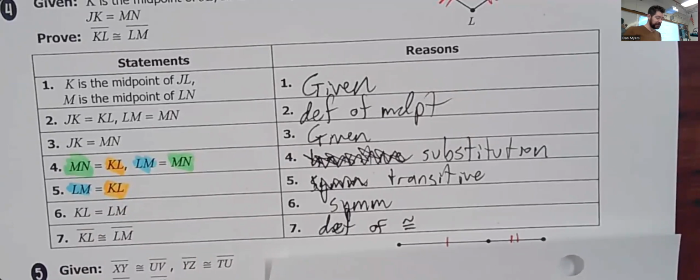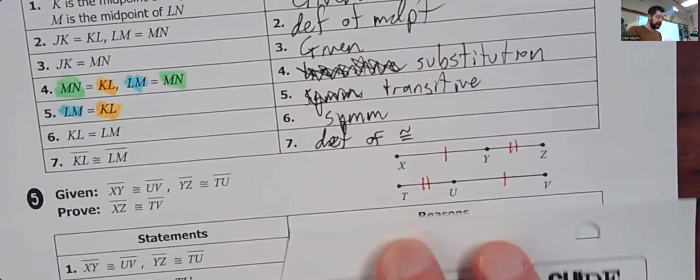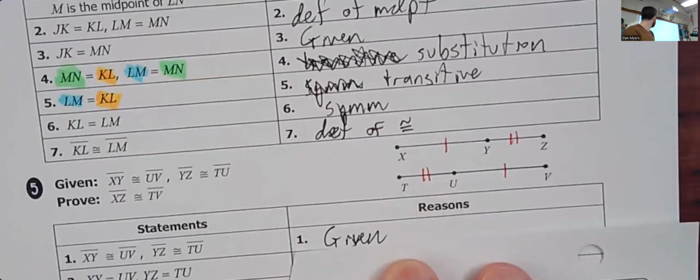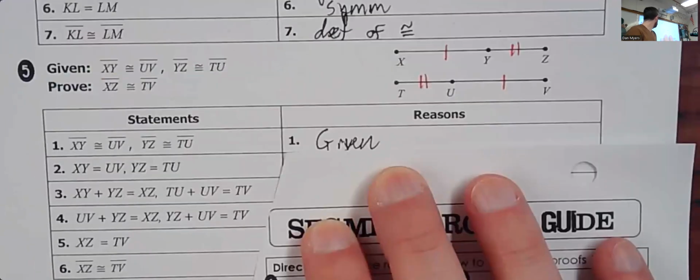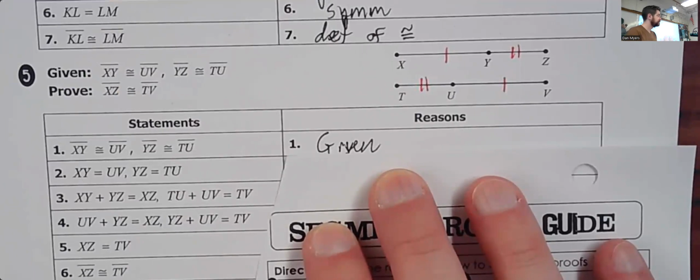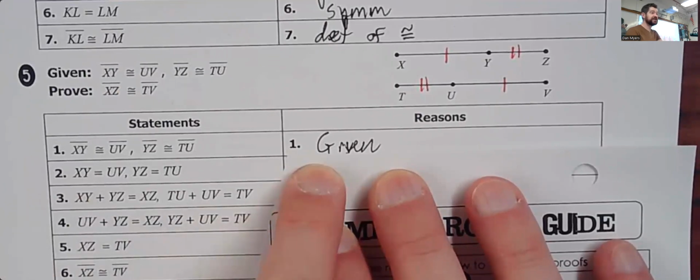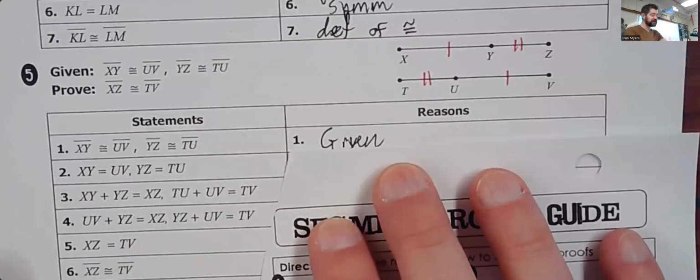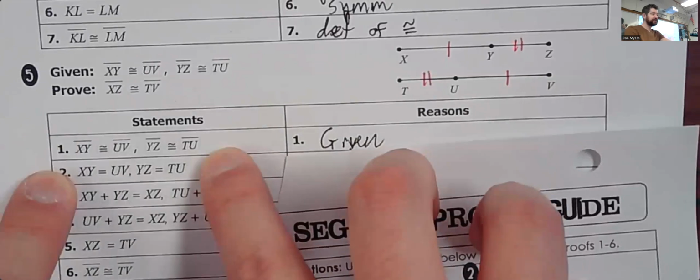All right, let's go to number 5. Reason number 1, given. Reason number 2, what's it going to be? 2 is not given, 1 is given. What's 2 going to be? It goes from the exact same statements, but from congruent to equals.